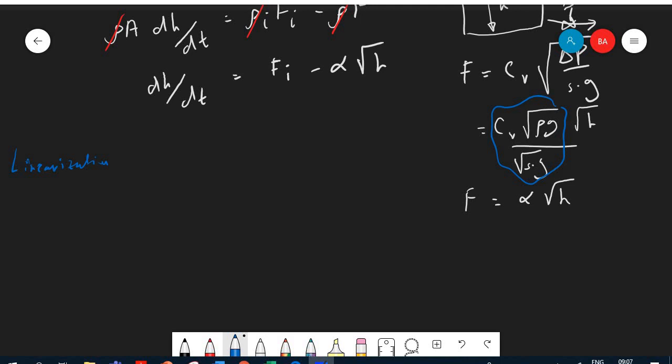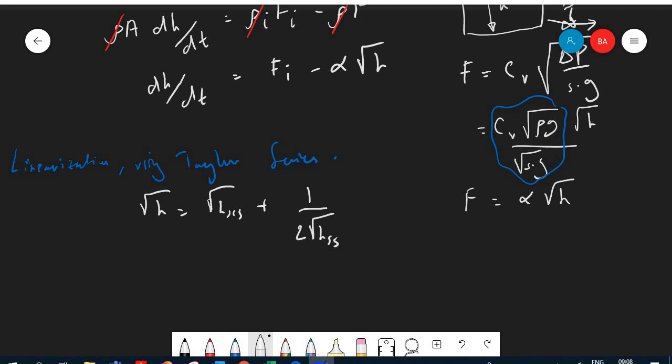We already did the linearization for square root of h using Taylor series. So I'm going to say here, using Taylor series, I have square root of h is equal to square root of h at steady state plus the derivative, which is 1 over 2 square root of h at steady state, into h minus h steady state.